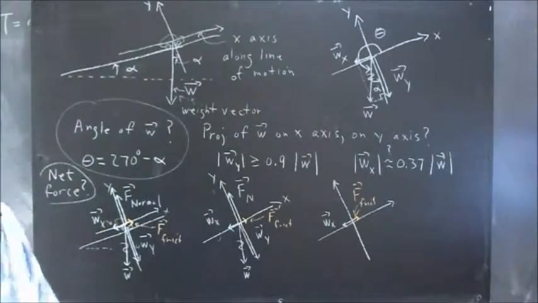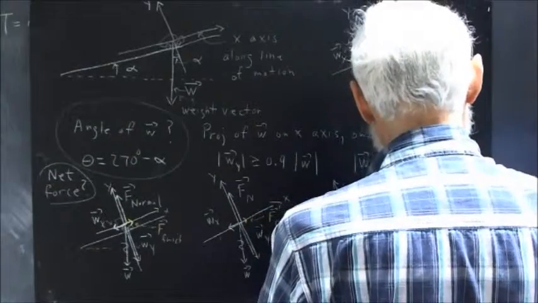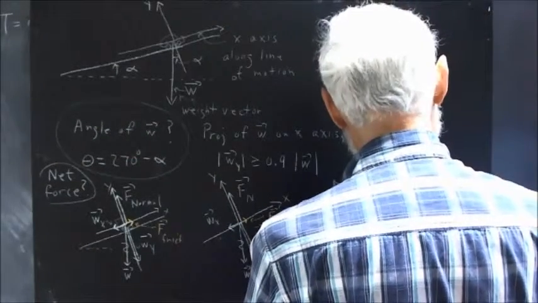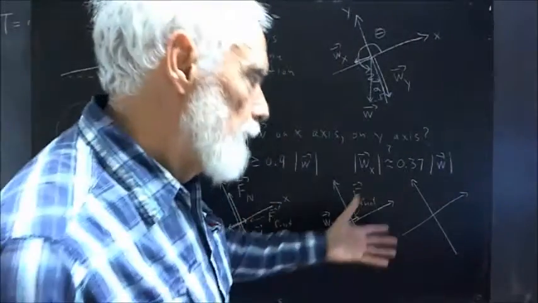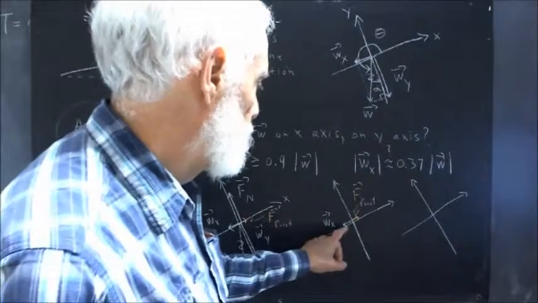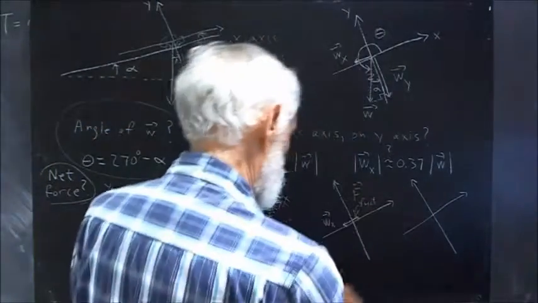And now we can draw our final diagram, and I apologize for blocking it, but you'll see in a second. Okay, there's another set of x and y axes, and we simply add these two forces. Now I can isolate these forces.